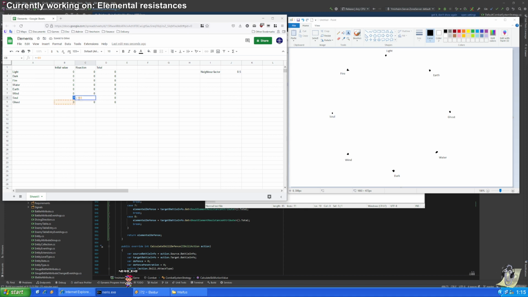Now for the soul, we have wind times vector plus fire times vector minus ghost minus earth times vector minus water times vector.